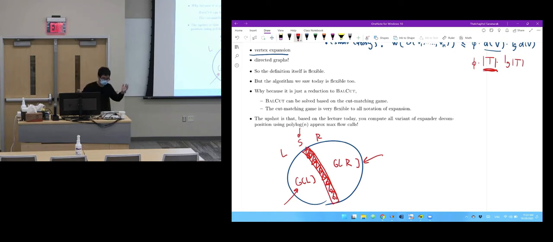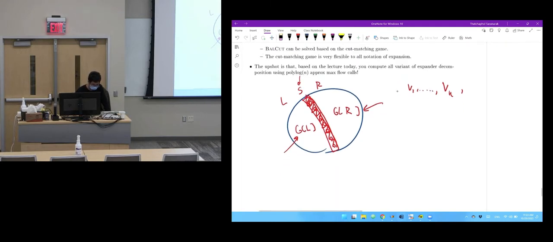If we keep doing this and repeat until we cannot do it anymore, then what we will get is a set of nodes, but there will be another set of nodes, which is the set of nodes that we removed so far. Maybe call it V0.